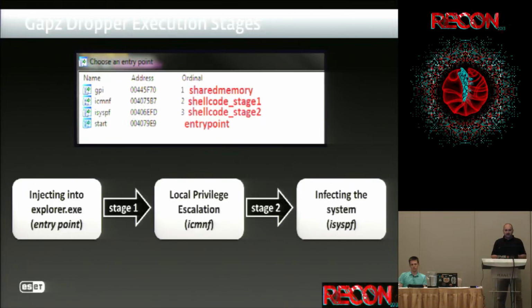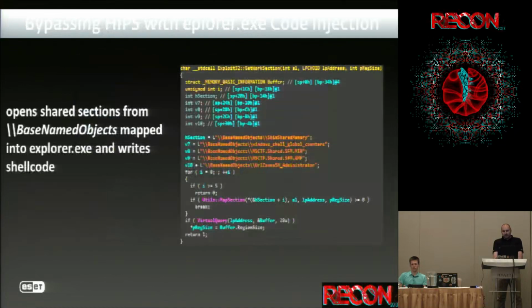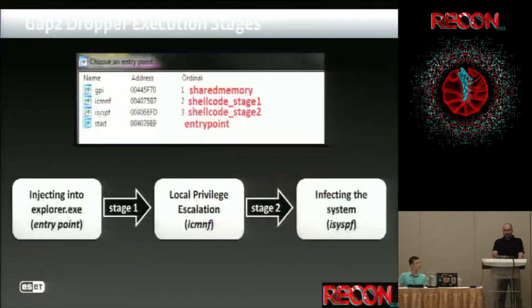The first step is injecting some shellcode into Explorer.exe. On the next stage, code is executed for privilege escalation under the trusted process address space, and after that it starts infecting the system process. The shellcode has 2 stages.